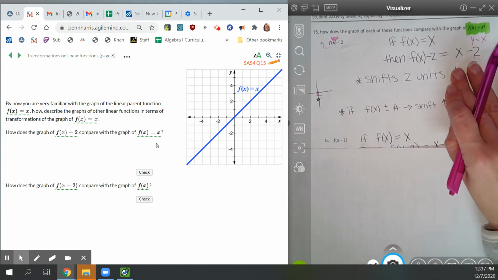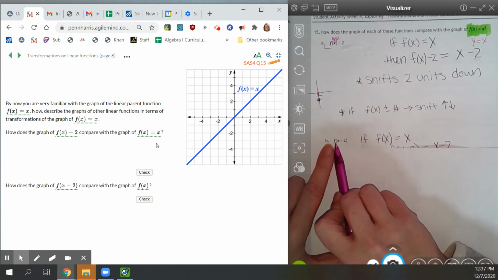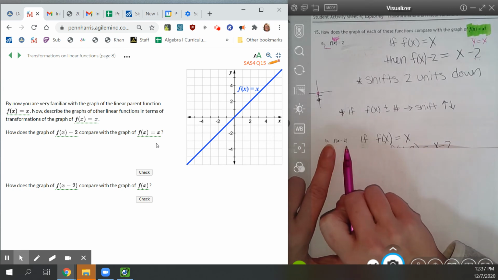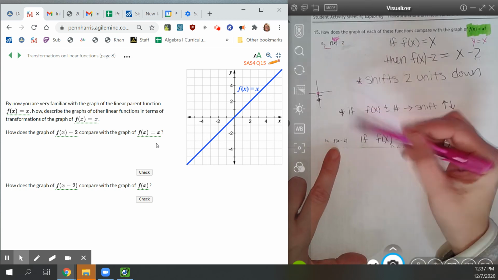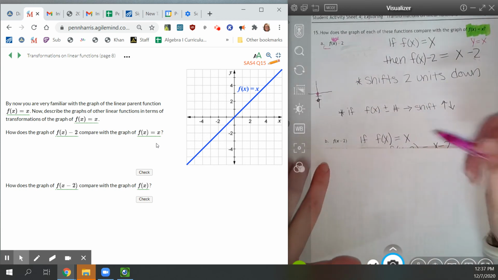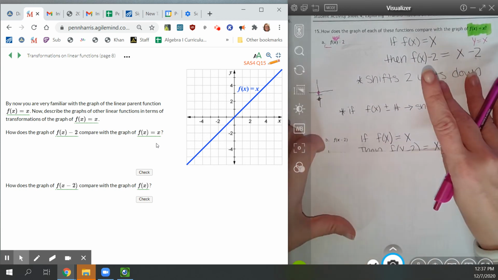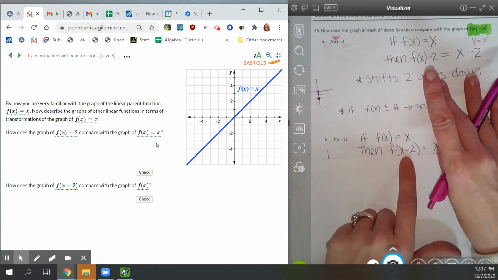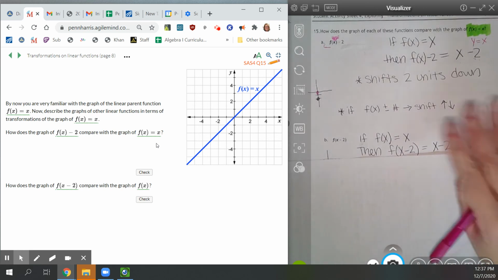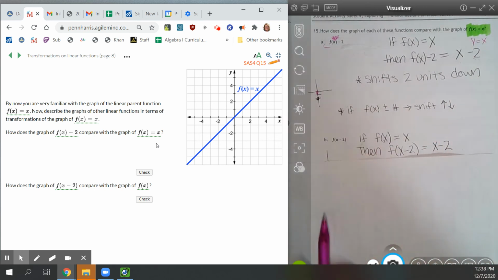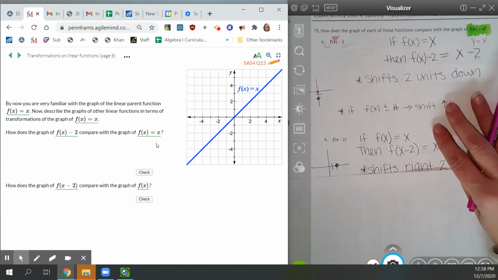Then our next thing we have, if they say take f of x minus 2, see the difference between the two of these? Here, my minus 2 is outside the parentheses. Here, it's inside. What they're saying is if f of x equals x, then f of x minus 2 equals x minus 2. I know, guys, this is confusing. This is like a horizontal shift. I'll shift left or right.